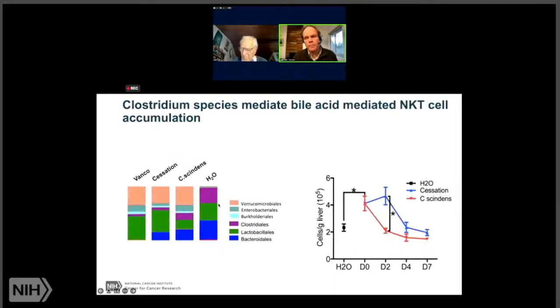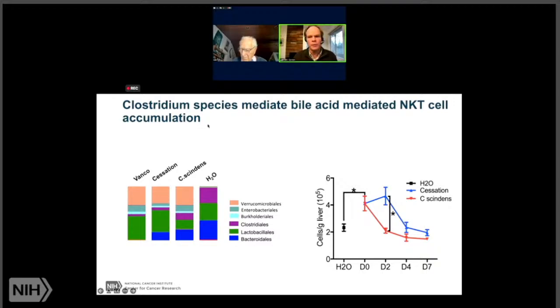Now this is interesting, but this only tells you that bile acids can control tumor growth. What we're really interested in is the bacteria. So there were a number of studies, and again, I'm just going to show you a few of them, where we looked at the specific bacteria in these mice.